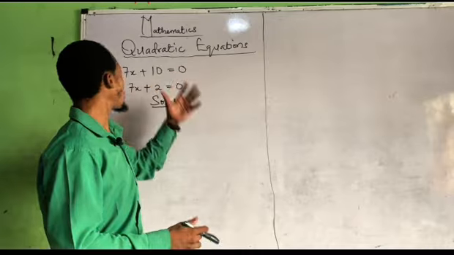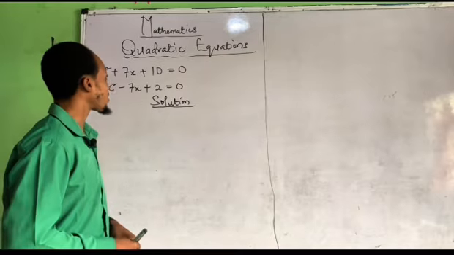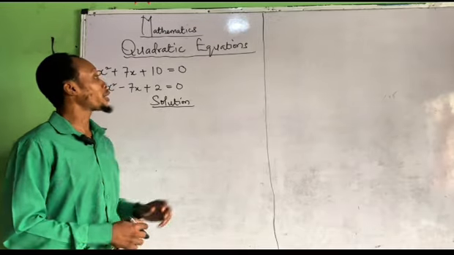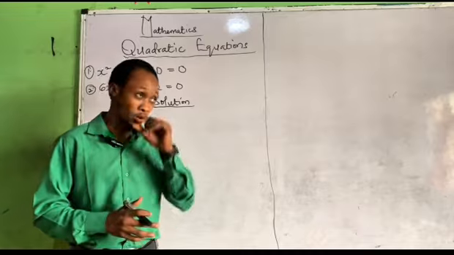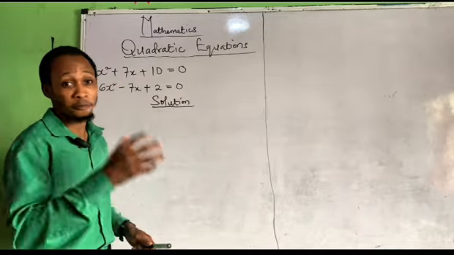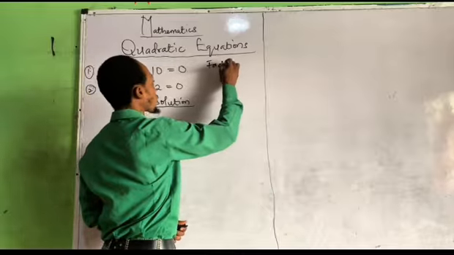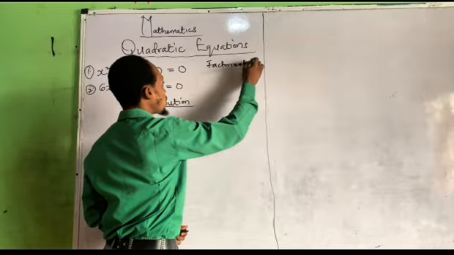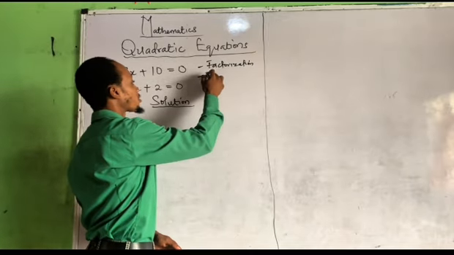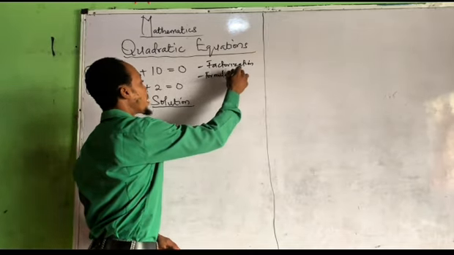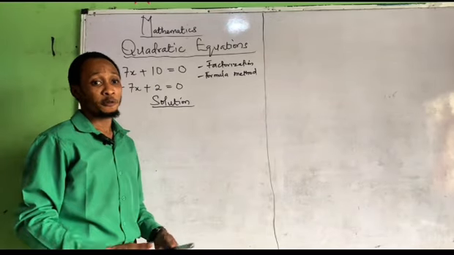I'll be taking you through mathematics, and the first topic we'll be looking at is quadratic equations. Under quadratic equations, we have the following subtopics. The first one is the factorization method. We also have the quadratic formula method, also known as the almighty formula.